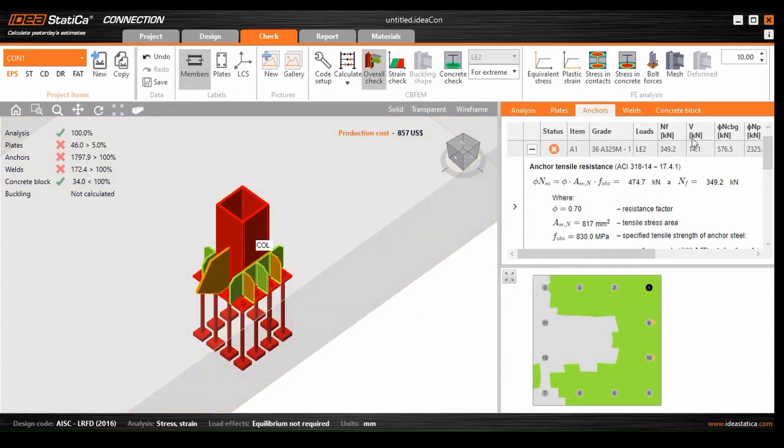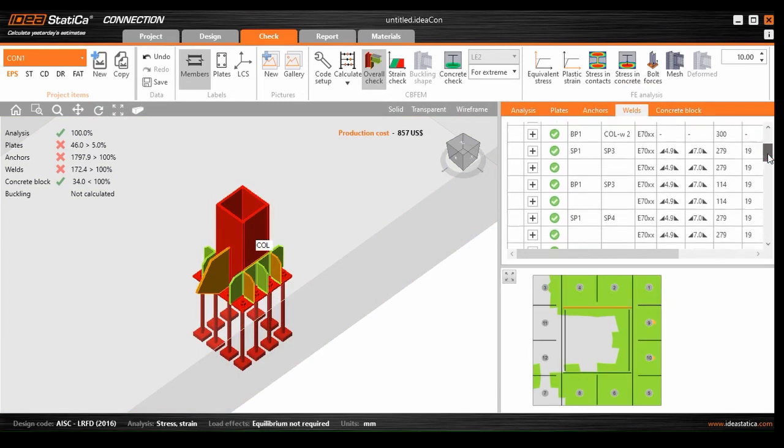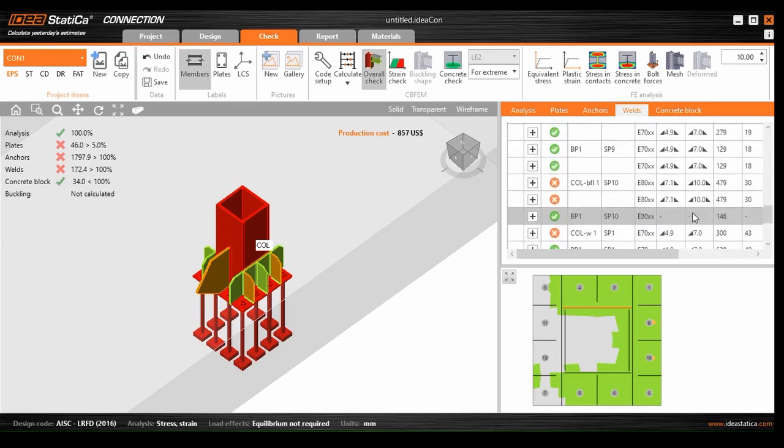As you can see here, click on welds. Some of them are passed and some of them are not. For example, here SP10 to bottom flange of column and SP1 to web of the column.